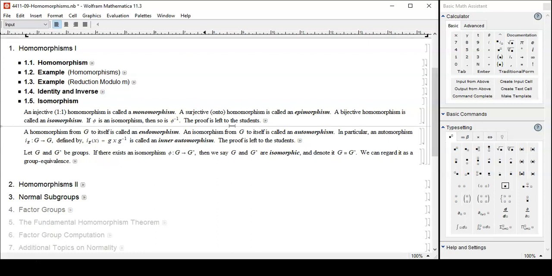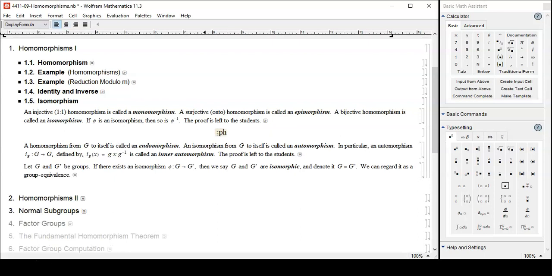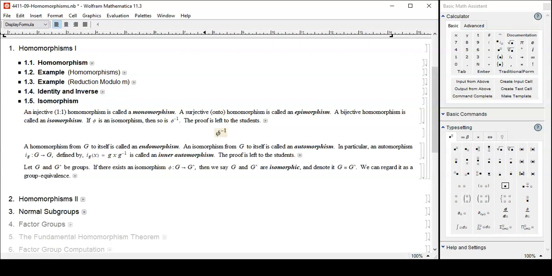Let's see. So phi inverse of A prime B prime is phi inverse of A prime times phi inverse of B prime. That's what we have to prove.